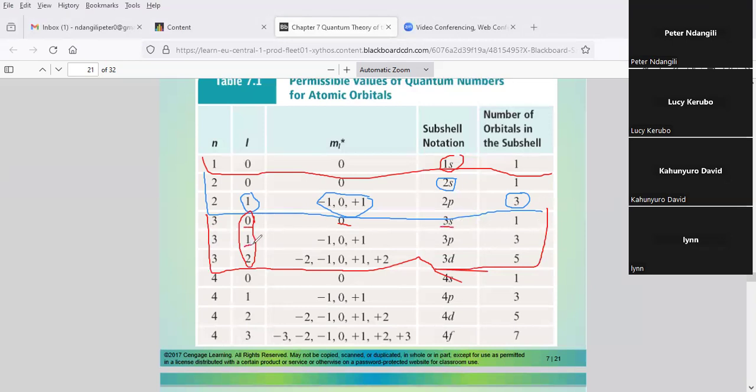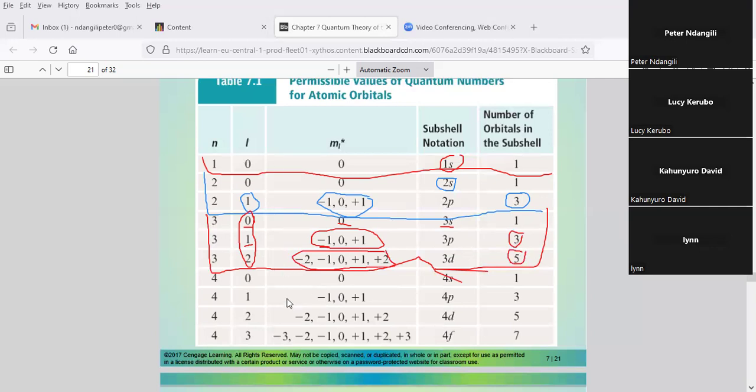When L is equal to 1, you'll have 3 values of ML, and that is a 3p. There are 3 of them. When L is equal to 2, you will have 5 different values of ML, which are these ones here, and that shell is 3d, and so forth, and so on.